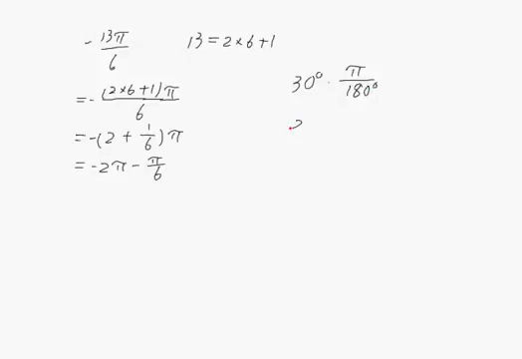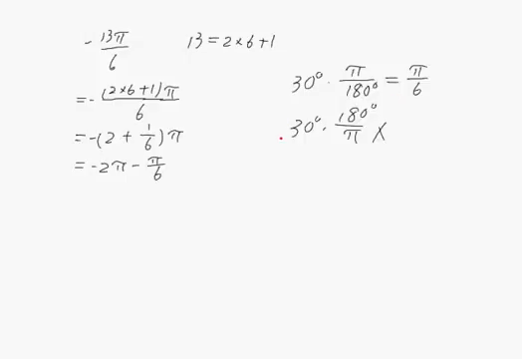If you multiply this 30 degrees by 180 degrees over pi, you cannot cancel the degrees. So that means this is not the right formula, right? You cannot do it this way. So now you simplify 180 divided by 30, you get 6. So finally, you have pi over 6.